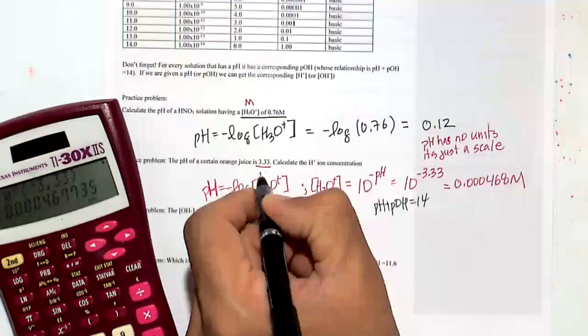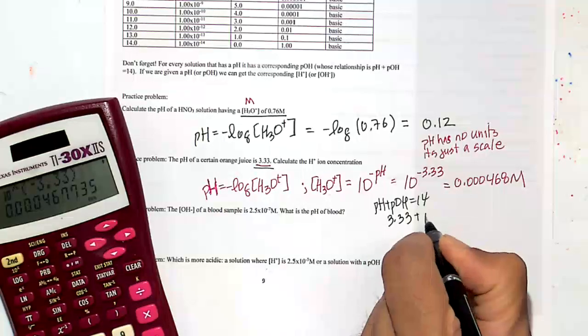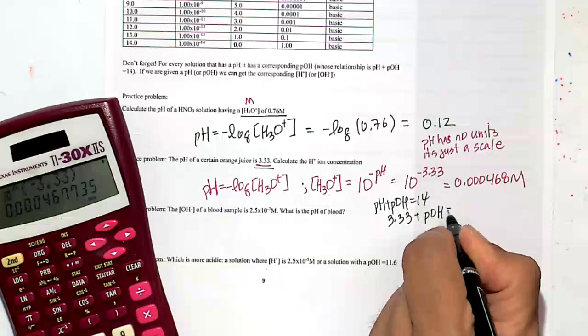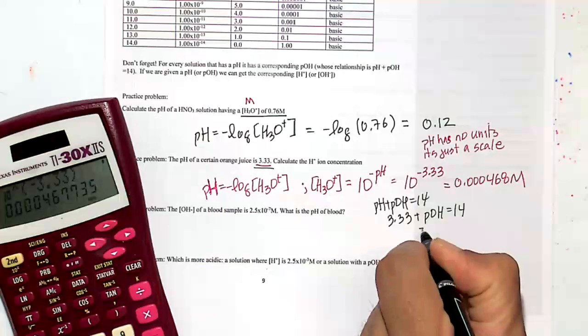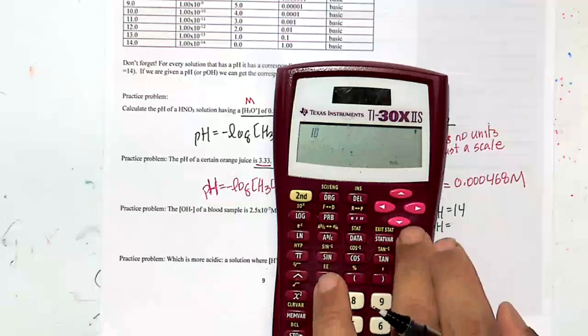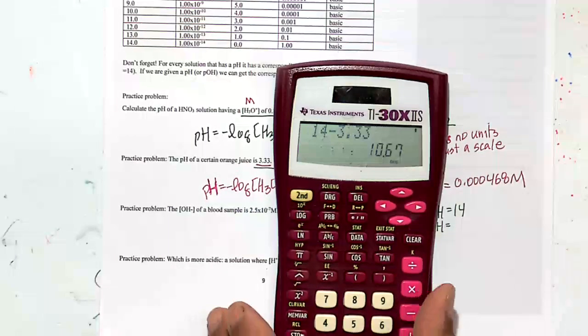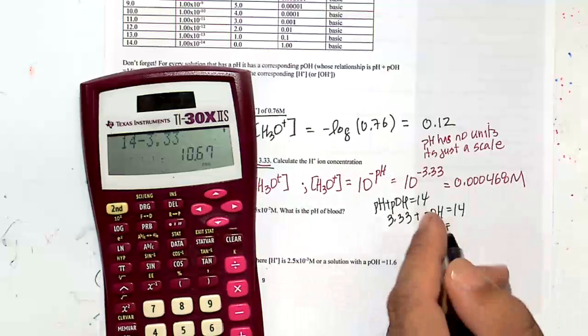So what is our pH? 3.33. Plus pOH is 14. So pOH is going to be, what's 14 minus 3.33? 10.67.